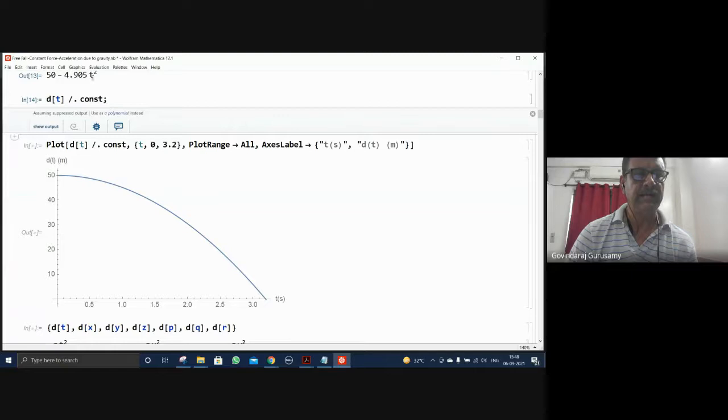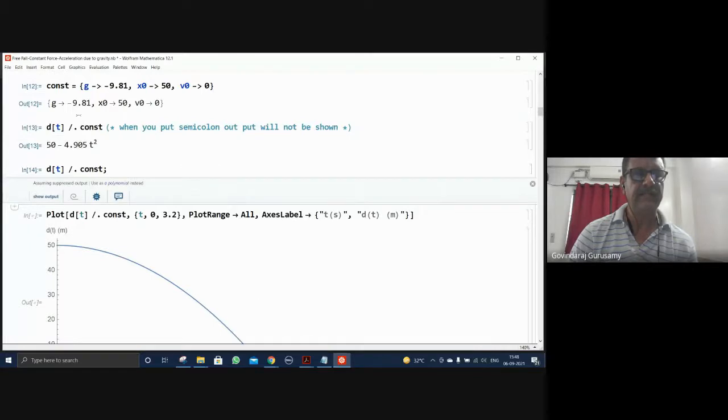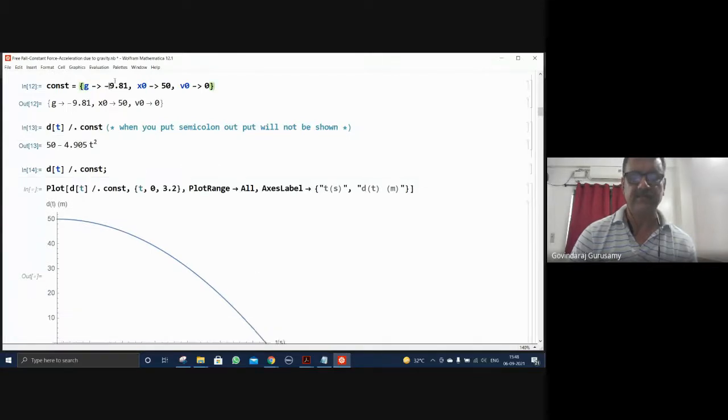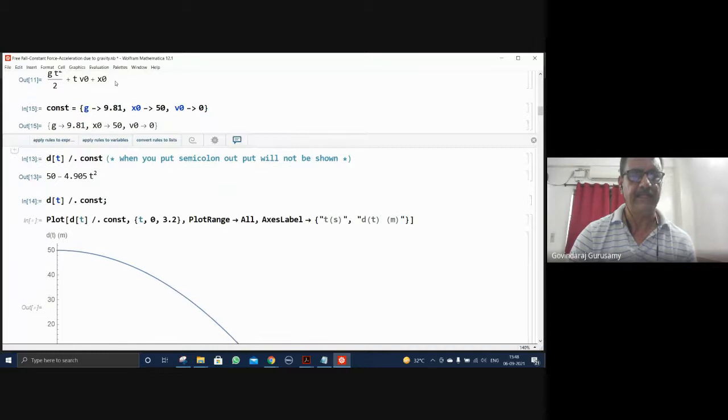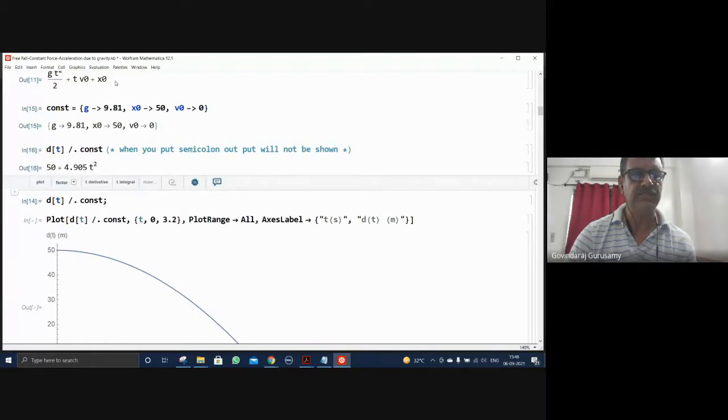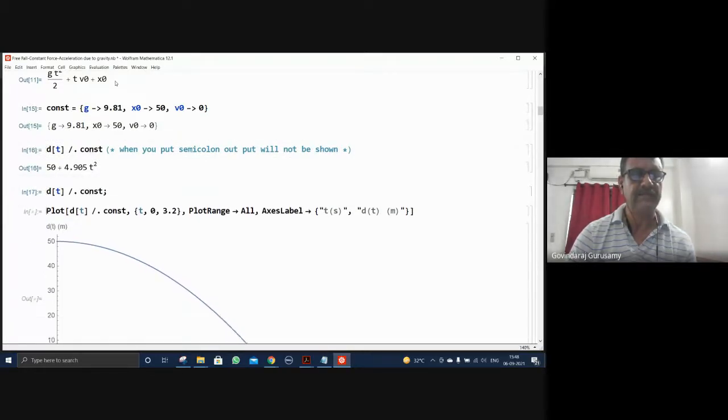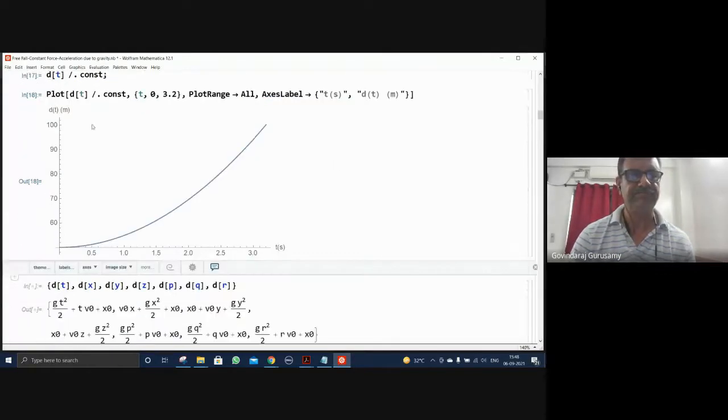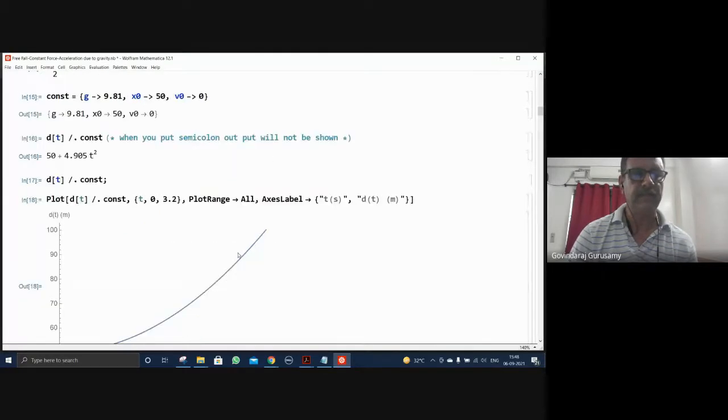Since it has t square, it's a parabolic structure. For example, if I make g equal to plus, you will see the parabolic structure which you normally see. But here it starts from 50 now. You can see the curve gets shifted up, starting from here. Instead of coming from 50, it starts from 0 and goes up.